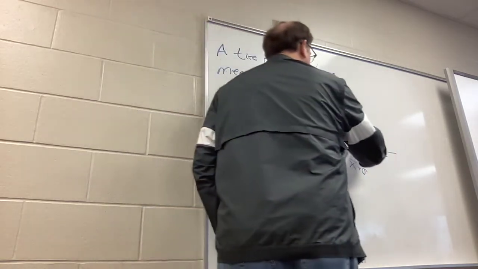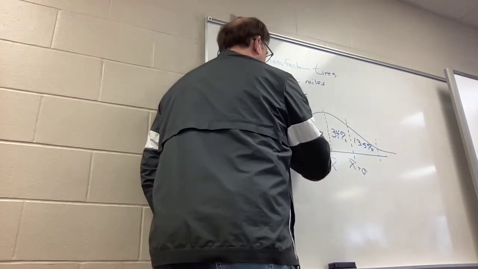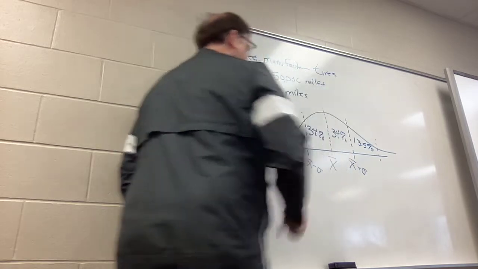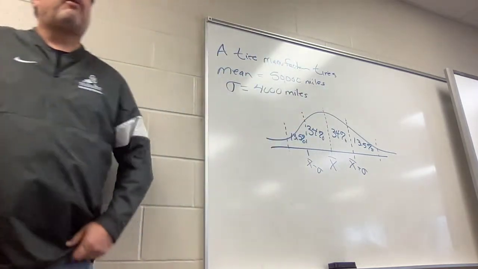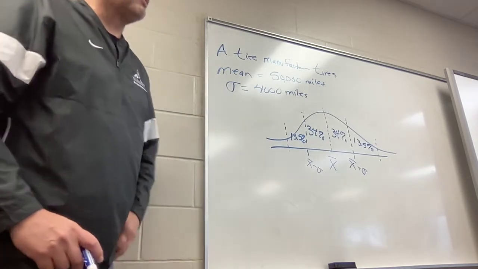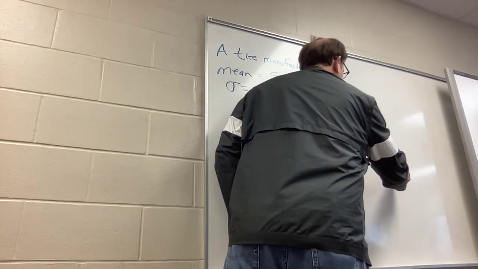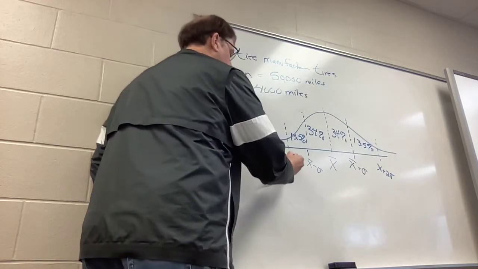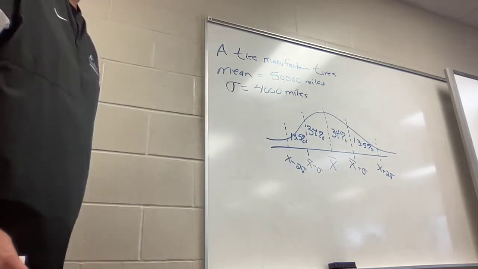And would you put 13.5% here and 13.5% here? The 34s, the 13.5s won't change. The numbers we eventually put on the bottom will change. And underneath this, please put X bar plus 2 standard deviations, and here X bar minus 2 standard deviations.